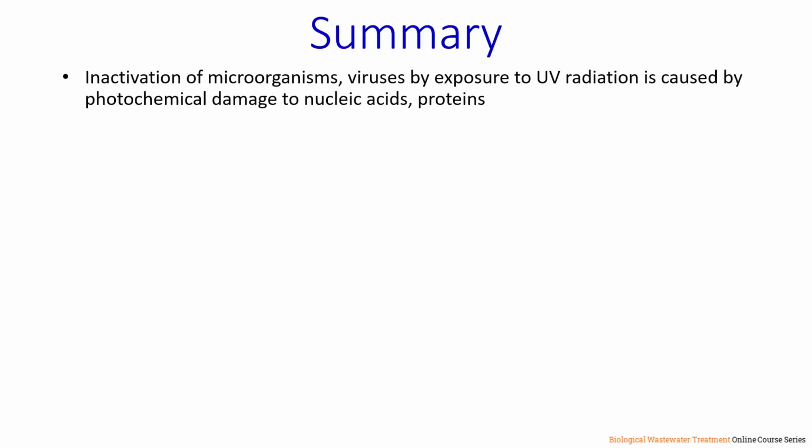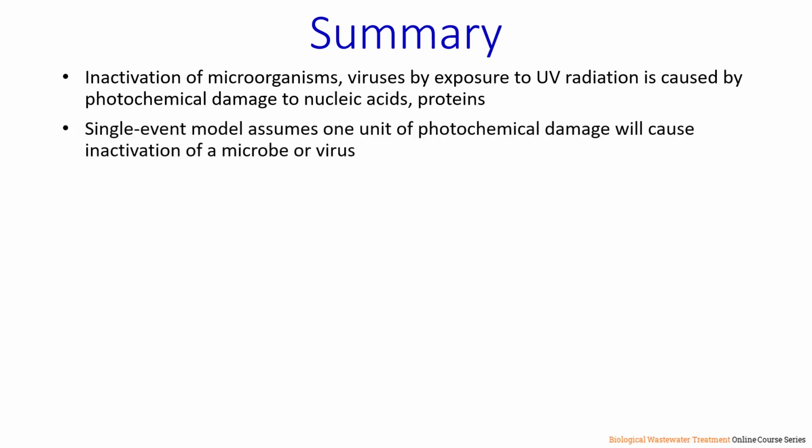Summarizing then, inactivation of microorganisms and viruses by exposure to UV radiation, especially UVC radiation, is caused by photochemical damage to critical biomolecules, specifically the nucleic acids and proteins. The single event model assumes that 1 unit of photochemical damage will cause inactivation of the target microbe or virus, translating to a first-order behavior.